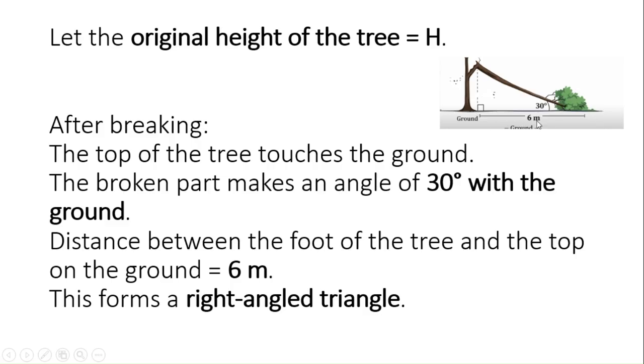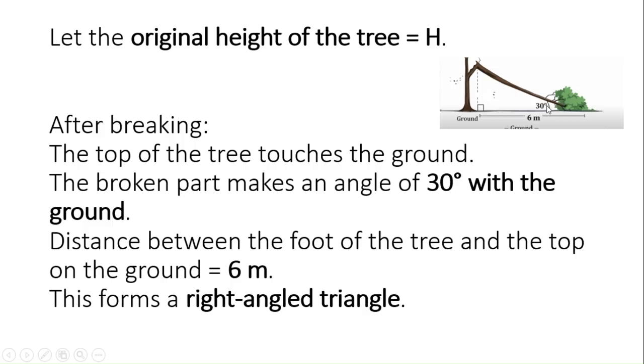These are given. As the tree is standing on the ground vertically, the angle between the foot of the tree and the ground is 90 degrees, there is no doubt. Now we are considering the broken part. This is the broken length of that particular tree.